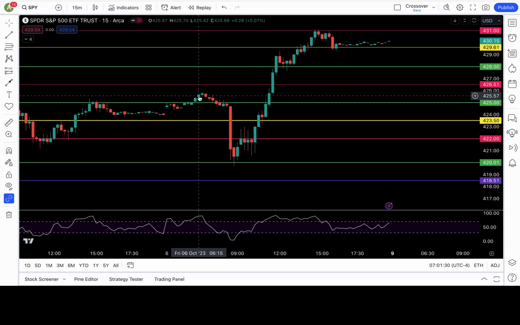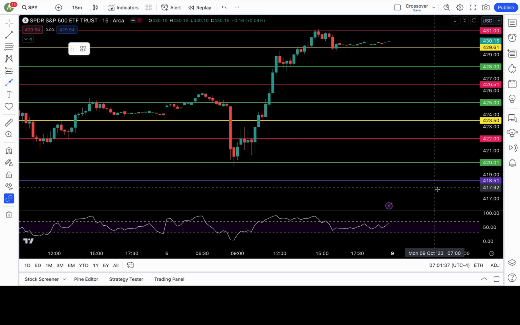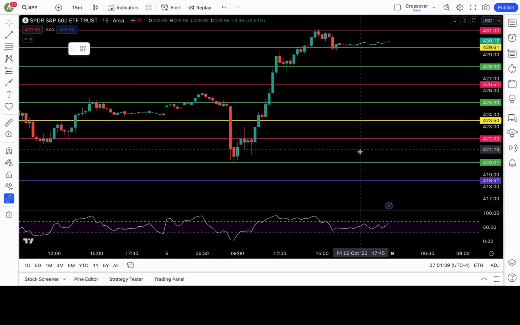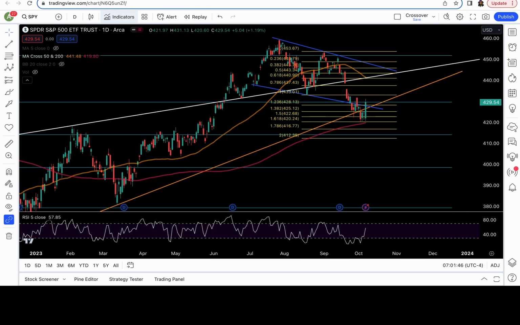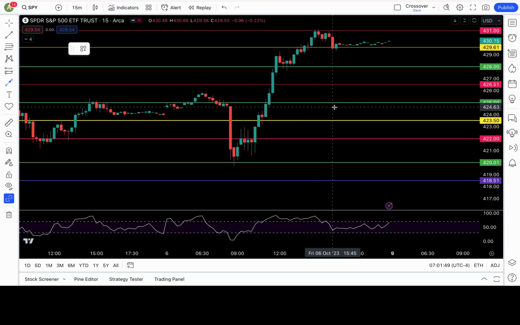I use the 15-minute to 30-minute chart to trade the intraday action. All of these horizontal lines are my support and resistance levels from the higher time frame, the daily chart and weekly chart, and I just add them to my 15-minute chart as horizontal lines to simplify the levels for me.